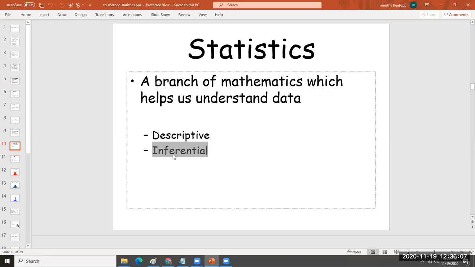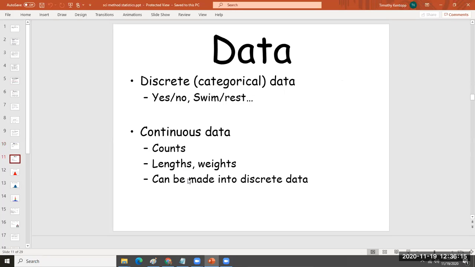If I have something that has to do with probability, I'm dealing with inferential statistics. If I need to measure the absolutes about the numbers, I'm dealing with descriptive. I know I've kind of beat that up here. So you have two different kinds of data. You have discrete data and continuous data.